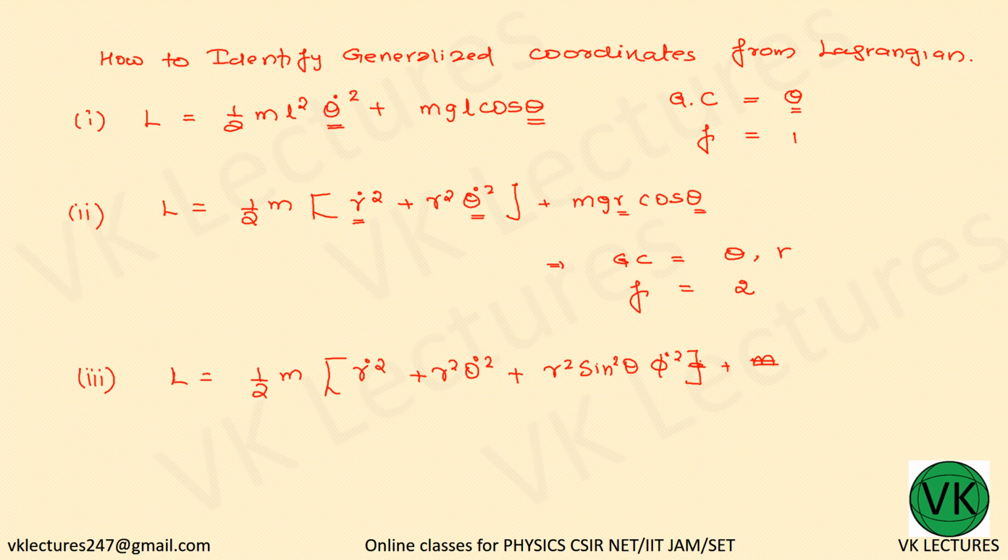Now generalized coordinates, here we have r dot, theta dot and phi dot. So r, theta and phi, these are the generalized coordinates, and degree of freedom is equal to 3.